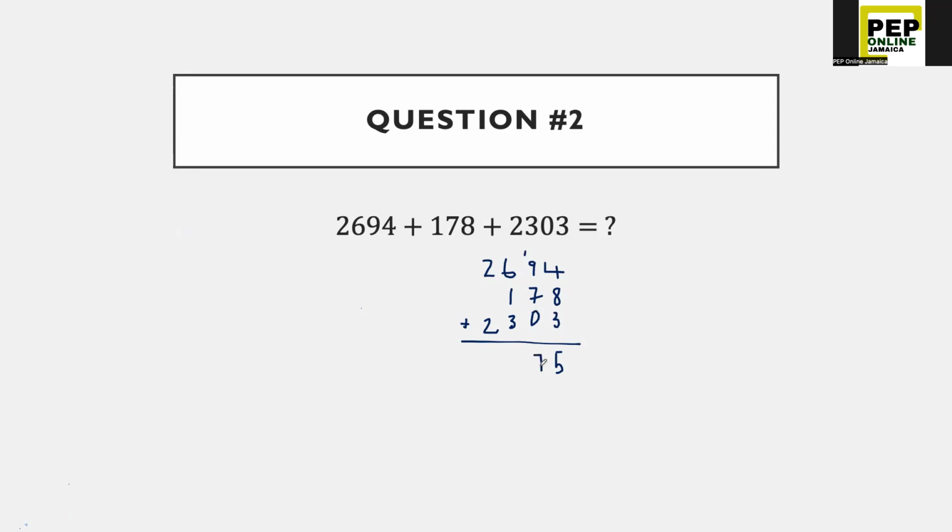So that's 7, carry 1. 3 and 1 is 4, and 6, 10, plus 1 will give us 11. Carry 1. 2 plus 2 is 4, and 1 makes 5. Awesome.